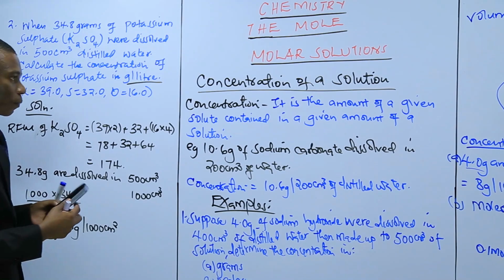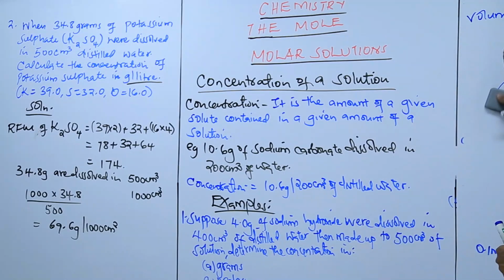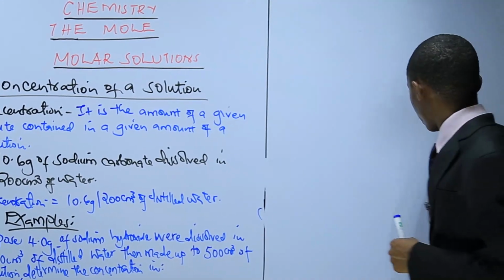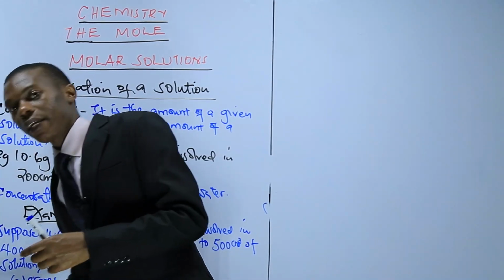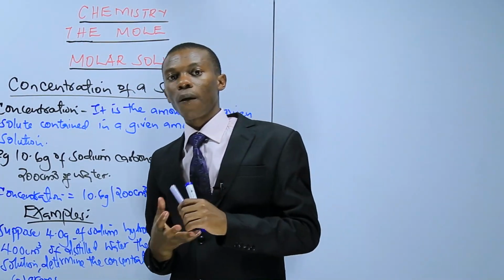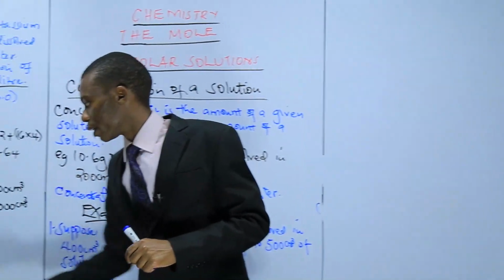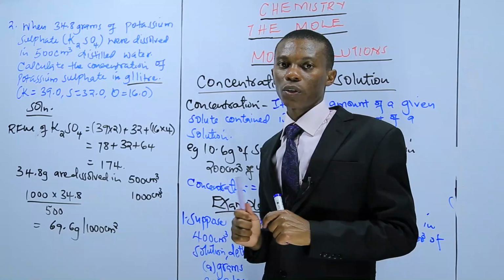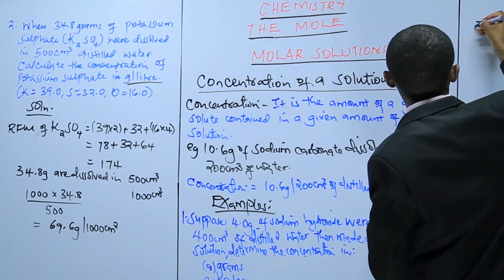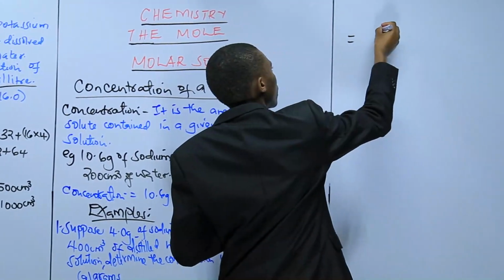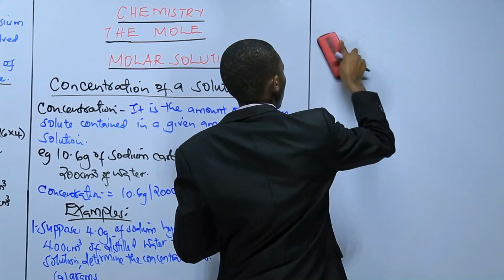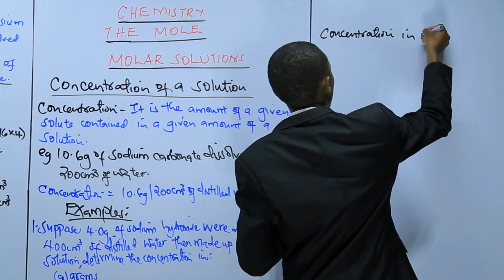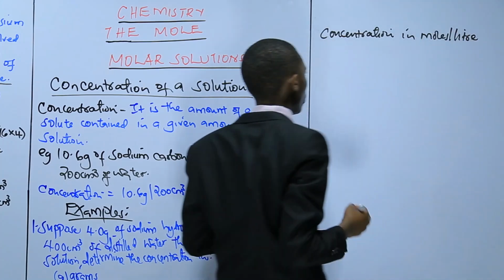If we were to calculate the concentration in moles per liter, because we have said that concentration is expressed either in grams per liter or moles per liter, then we have 34.8 grams.